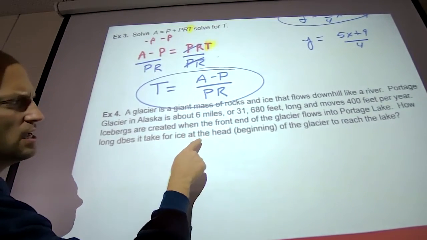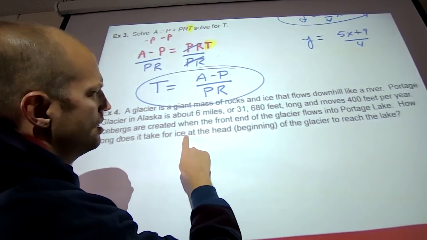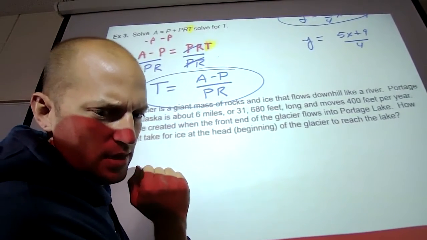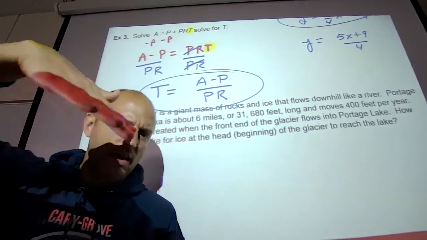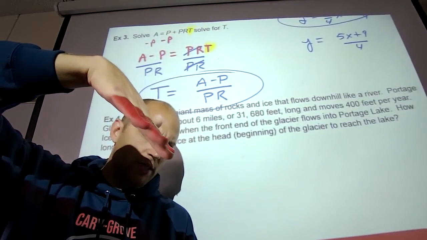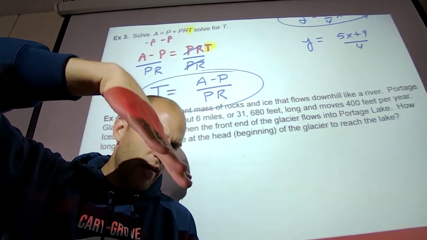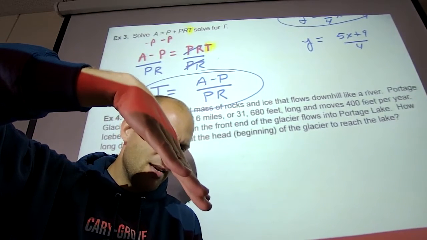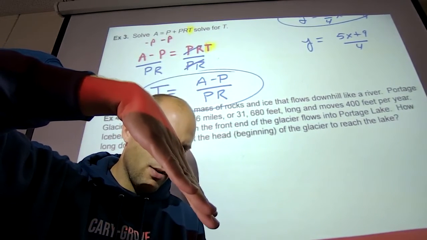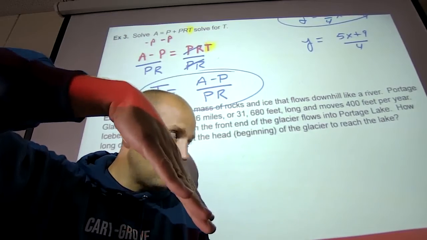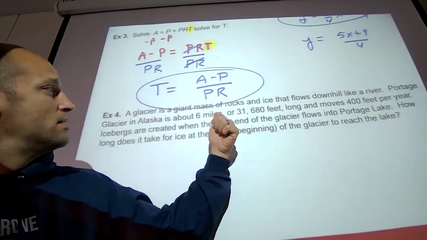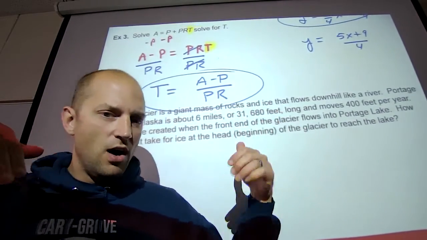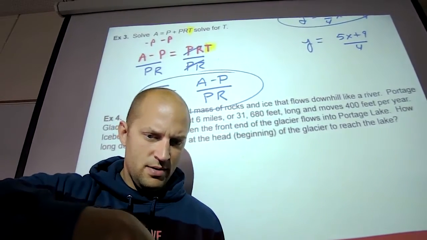How long does it take for the ice at the head, which is the beginning of the glacier, to reach the lake? Okay, so here's the idea. You've got this glacier that's going downhill, right? And it only moves 400 feet a year. Well, it said here that it is 31,680 feet long to get down to the lake.